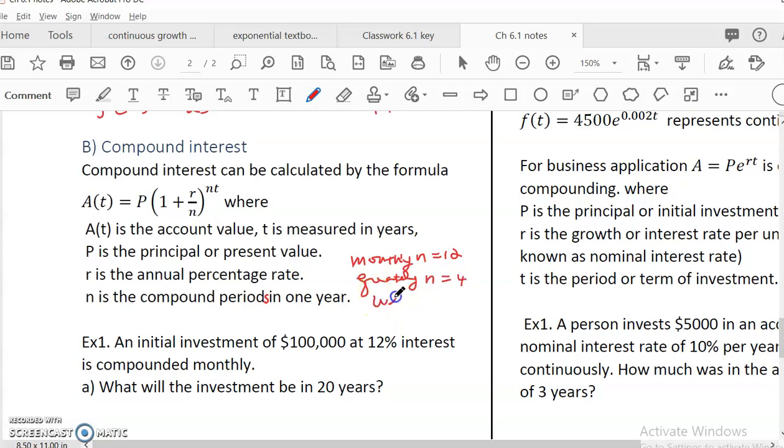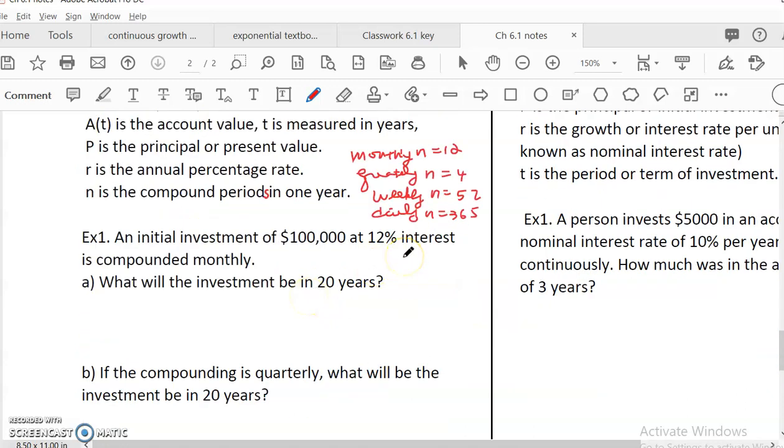If weekly, then N in 1 year is 52 because that's 52 weeks. And if it's daily, there are 365 days. Some banks use 360, but also 365.